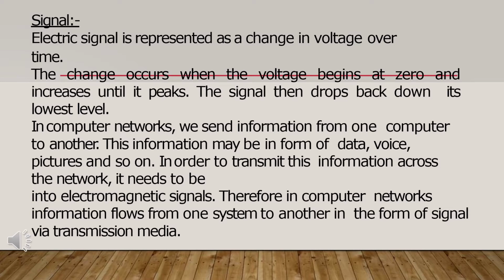In a computer network, information flows from one system to another in the form of a signal via a transmission medium. As we discussed in the last session, if we are transmitting any data within the network, we need three major things: the sender, the receiver, and the mediator, which is the communication medium.